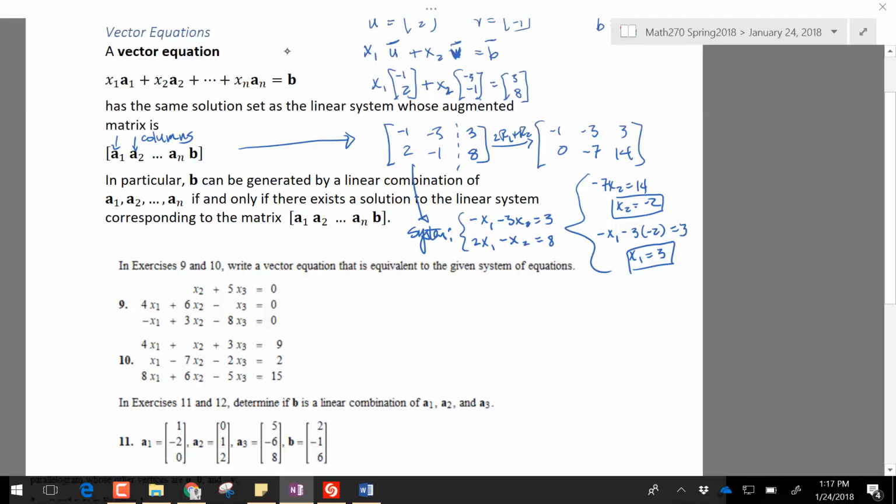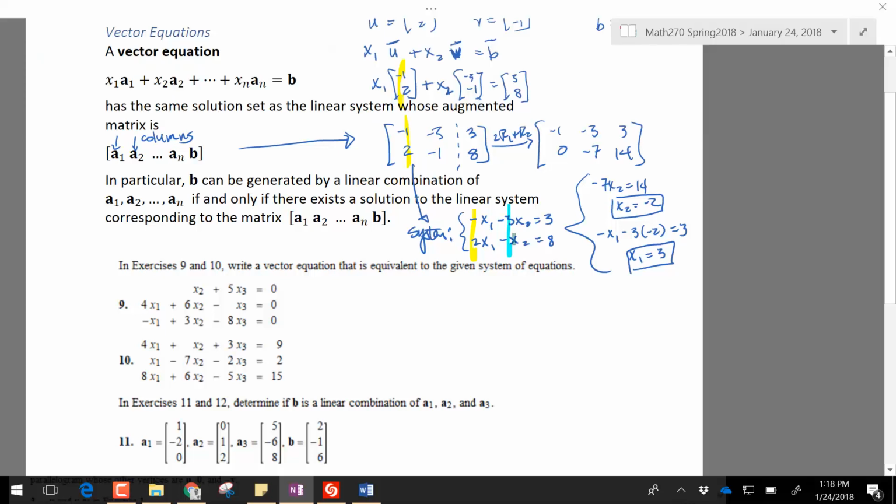So if we take a look at the system, the coefficients of the x's, right, -1 and -2, kind of match with the columns of your augmented matrix. Uh-oh, it's going to be all semester. And that in turn happens to be the first vector, right? It's not a coincidence.